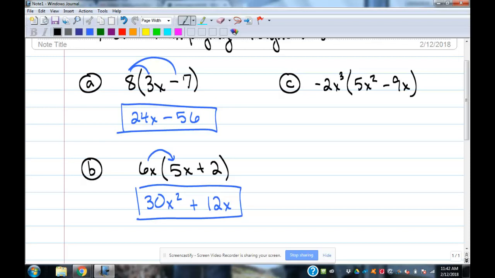So we're distributing -2x to the third to both of those pieces, or everything that's in parentheses. So -2x cubed times 5x squared would be -10 for the number, and x to what power? 5th. Add the exponents. 3 plus 2 is 5.